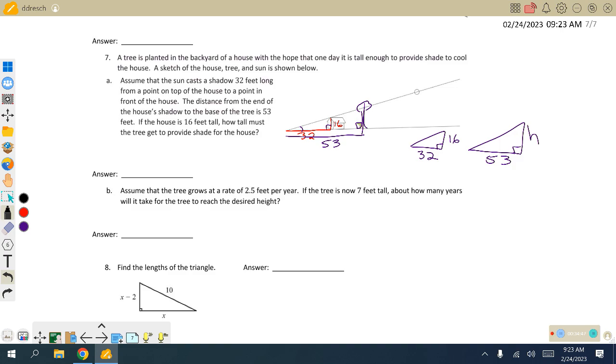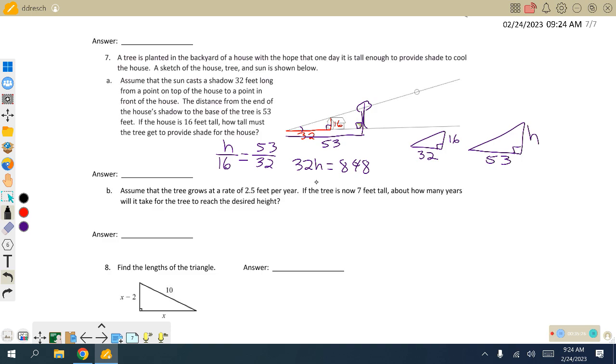Reading through that is not necessarily the easiest, but that's what it boils down to with the SAT. Writing the proportion is easy, but setting it up is the name of the game. H to 16 is 53 to 32. You don't have to set up your proportion like that, just be consistent. Go to our calculator: 32H equals 16 times 53, which is 848, divided by 32.